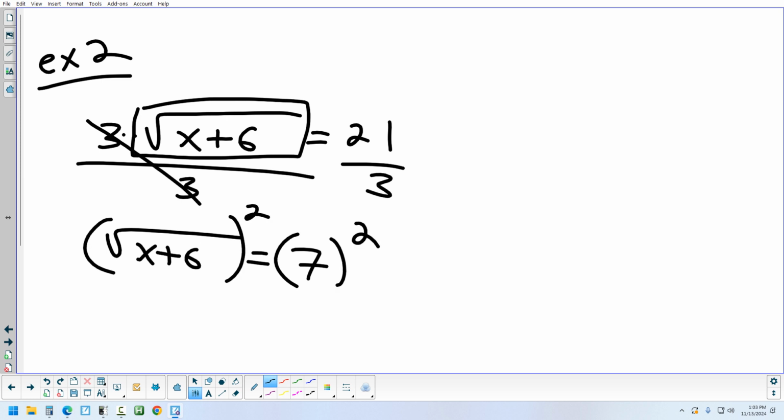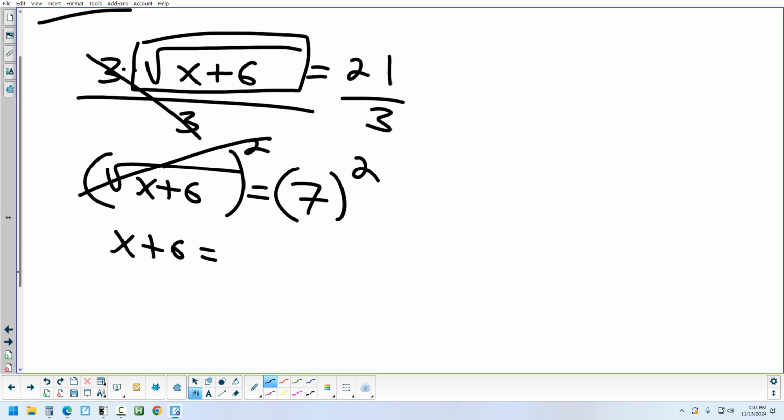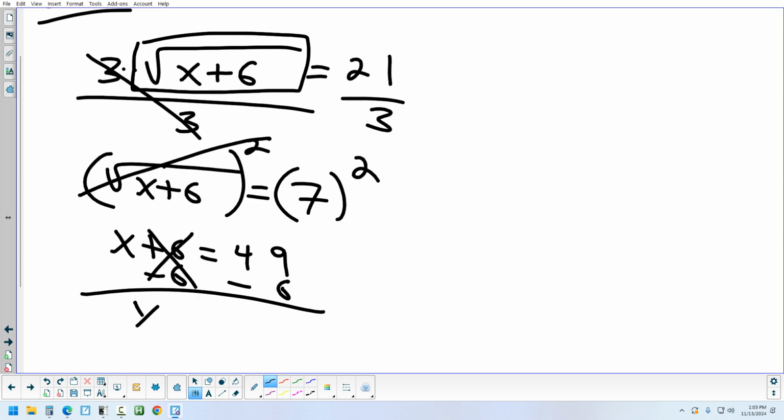What happens when you square and square root? That cancels. And what's 7 to the second power? 49. And my last step? Subtract 6. And 49 minus 6? 43.